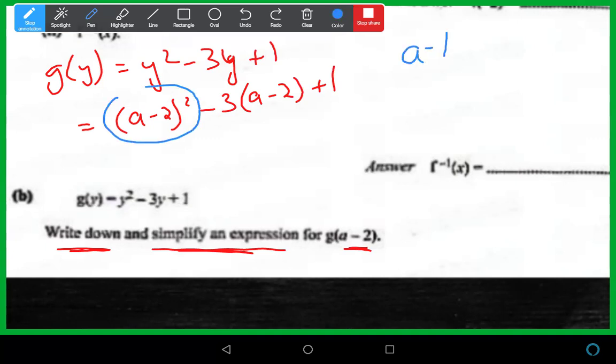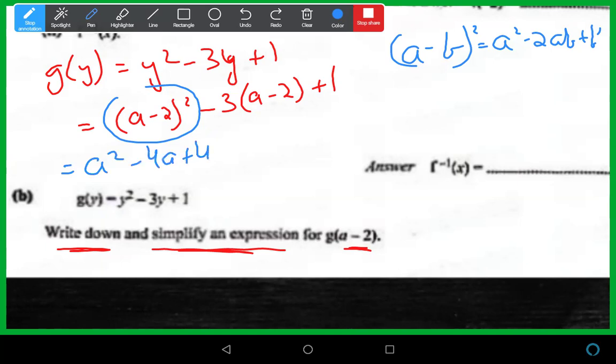A minus b whole square formula is a square minus 2ab plus b square. So we have to open this formula. So it will become a square minus 4a plus 4. The formula is open. Now minus 3 will multiply to a, to minus 3a. Minus 3 multiply minus 2, minus minus plus, 3 2s are 6, positive 6 plus 1.